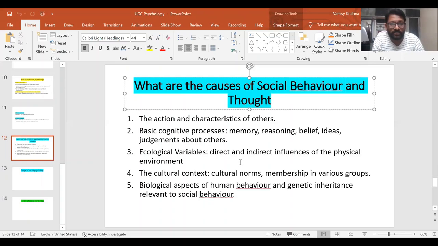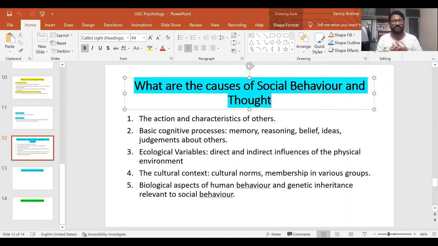Then cultural context: cultural norms can be different from culture to culture. Membership in various groups also can influence or cause social behavior and thought. And last but not least, the biological aspects of human behavior and genetic inheritance relevant to social behavior. These are the different causes of social behavior and thought which we study in social psychology.